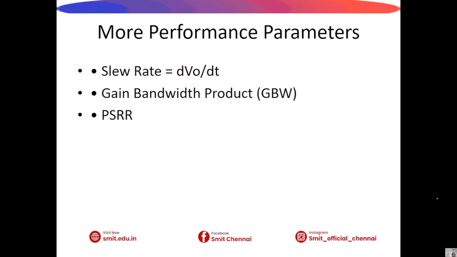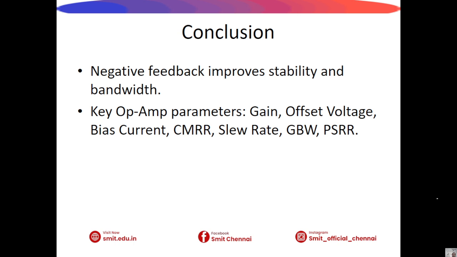significantly affect the output. Finally, we came to the conclusion of this lecture. To summarize, we studied negative feedback and its advantages, including gain stability, reduced distortion, improved bandwidth, and lower noise. We examined the four basic feedback topologies and discussed how loading can affect amplifier performance.